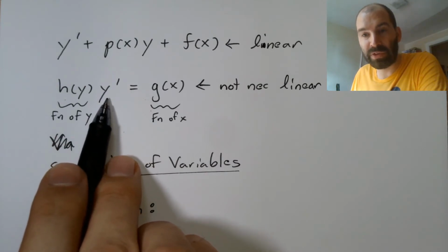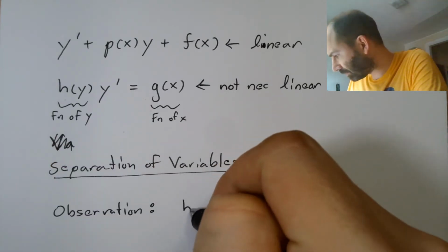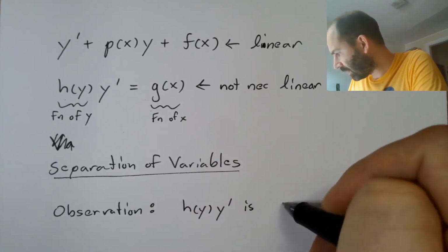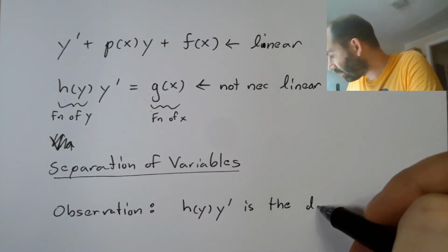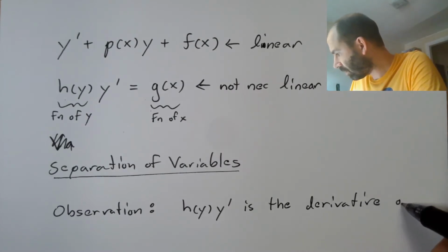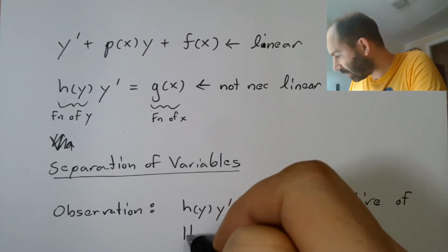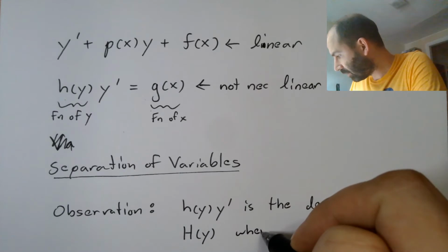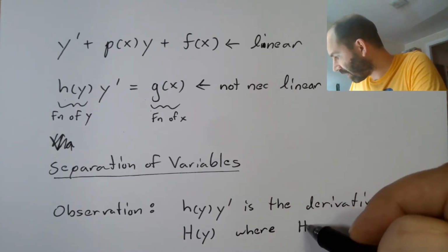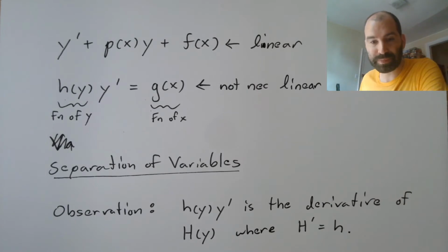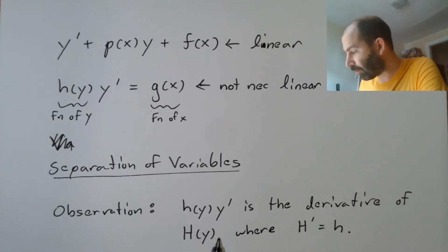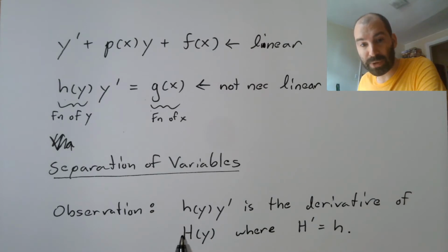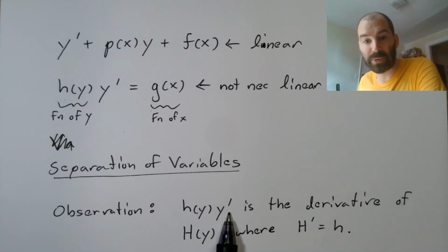So in other words, h of y times y prime is the derivative of some function capital H of y, where capital H is the function such that H prime equals little h. The chain rule says that when you differentiate this, you get H prime, which is little h, that's the h of y part, and then the chain rule says you have to multiply by y prime, so that's where this comes from. So this is just using the chain rule, okay?